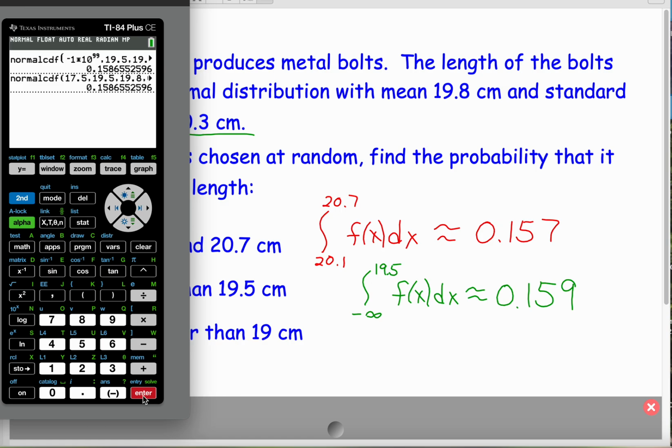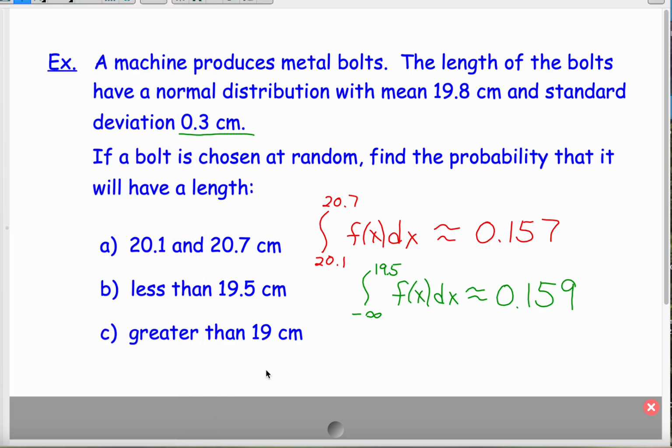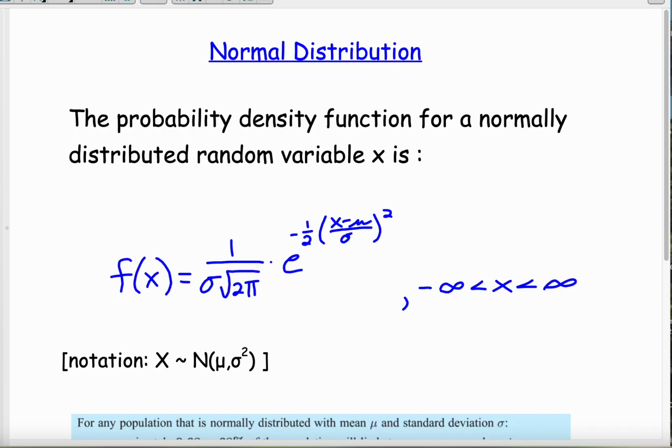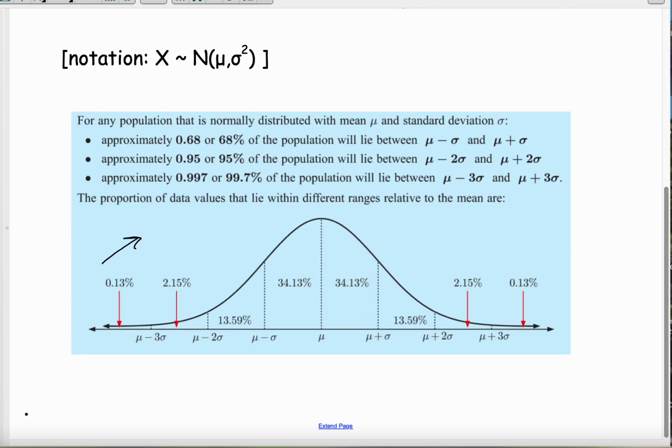We know that if we go 3 standard deviations to the left, that's going to account for most of our data. Let me go back to that picture, which was over here, I believe. Notice there's 1, 2, 3 standard deviations here.